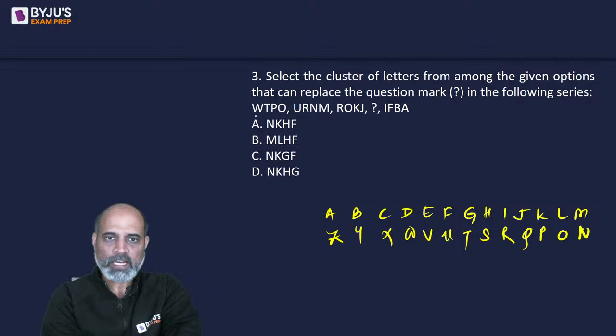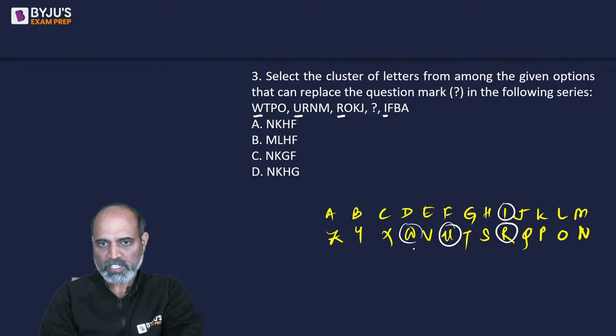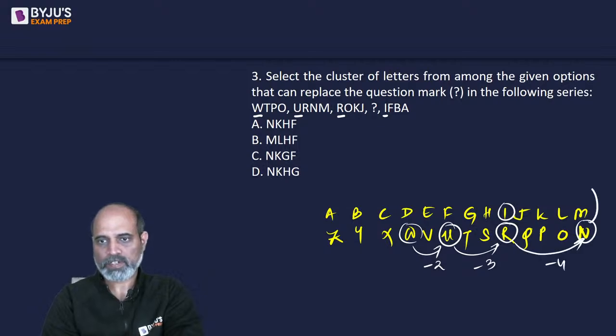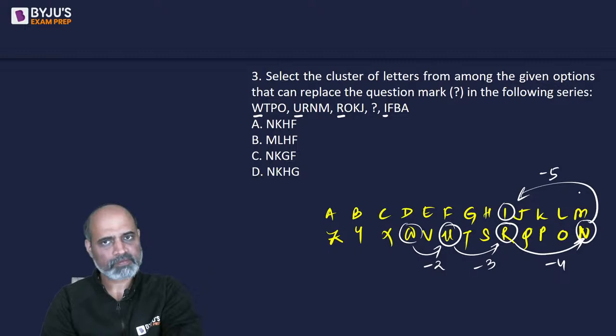Now, I will be looking only at the initial letters. We have W, then we have U, then we have R, something is missing, then we have I. So अगर आप ध्यान दोगे तो there is a 2 less, 3 less, so there should be a 4 less, so that we can get a 5 less, right?